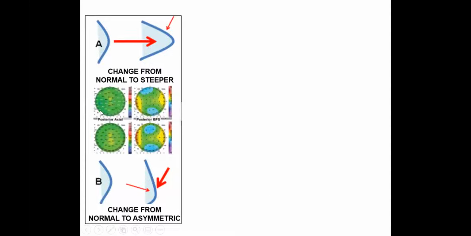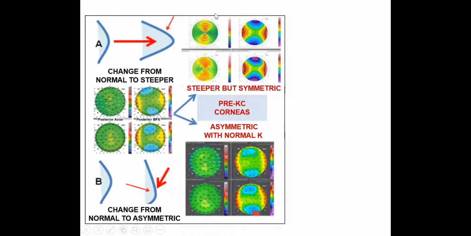And this is explained by the different forces we may have in the cornea and how the cornea is deformed. The normal cornea can go forward, or the normal cornea can be deformed with the belly at the bottom here. So we may have very symmetric, steeper corneas, but without a lump, and asymmetric corneas also without a lump.